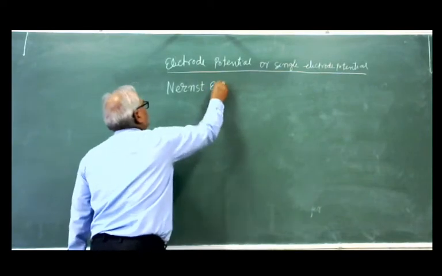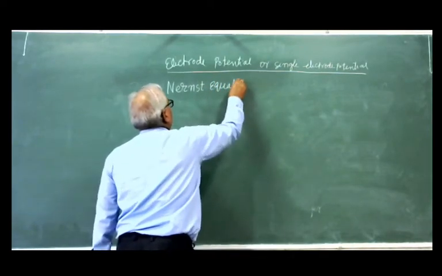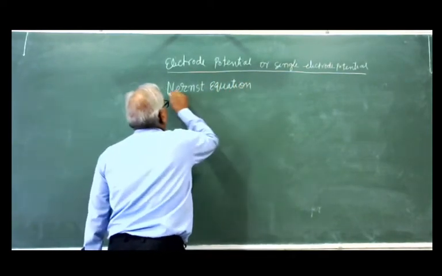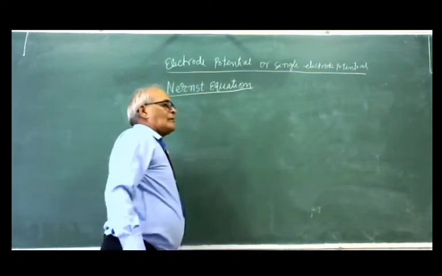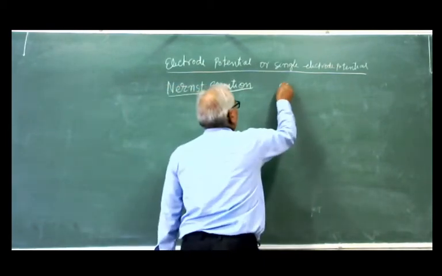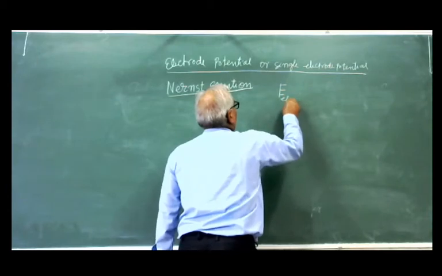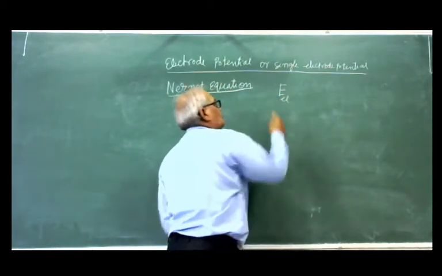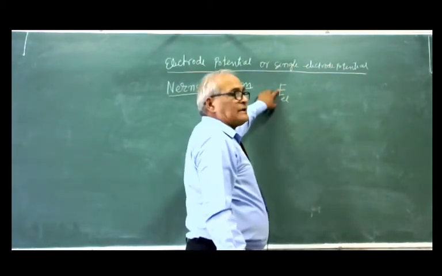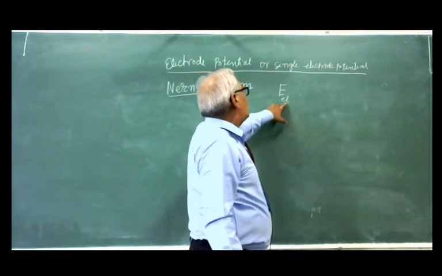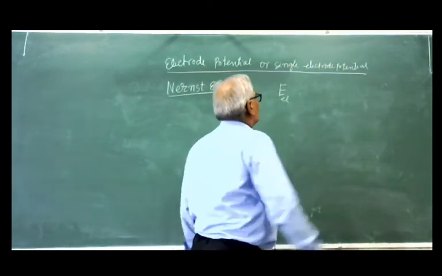Nernst equation. This is the Nernst equation. E means electrode potential. E is the potential of the electrode, so it is known as the electrode potential.